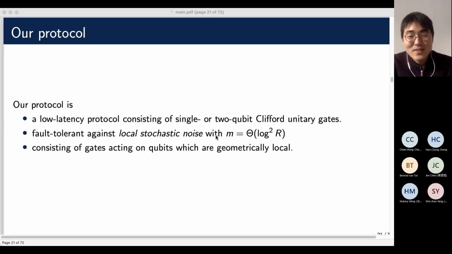And every gate acting on qubits is geometrically local. This is the property I said, that every 2-qubit gate is on the qubits on the same repeater station or nearest neighboring stations.